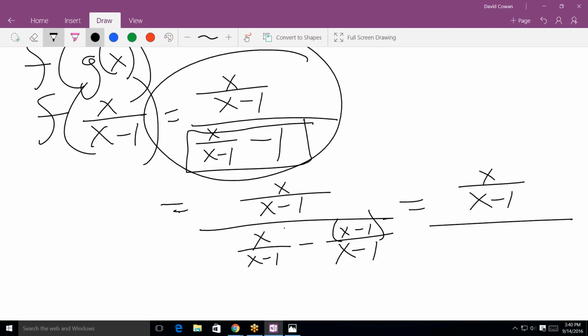In other words, act on the numerator of the denominator. So here's the denominator. What's the numerator? It's just x minus x, and then this minus sign has to be distributed to the 1, so it becomes x minus x plus 1. Plus 1 is what that is.